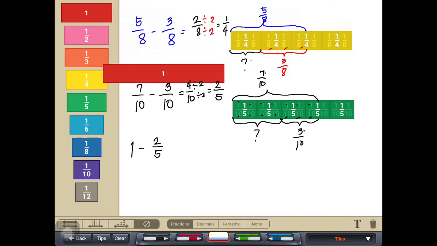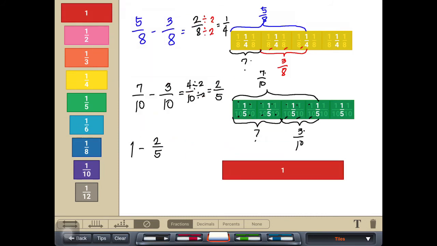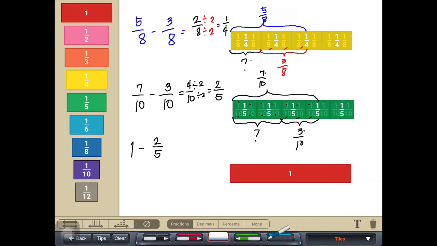So to do that, I have to subtract 2/5 from this whole. But how will I do that? I would have to make my whole number first, make one whole into fifths so that I can subtract 2/5 from it.